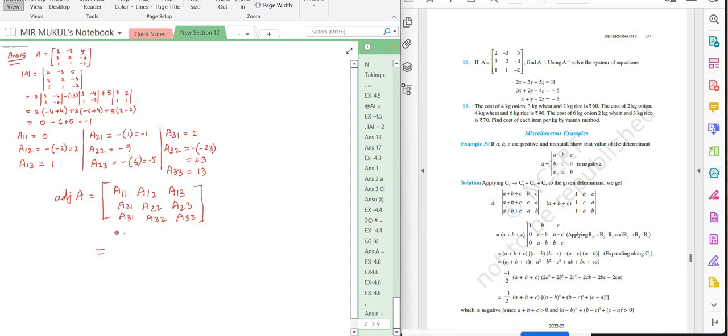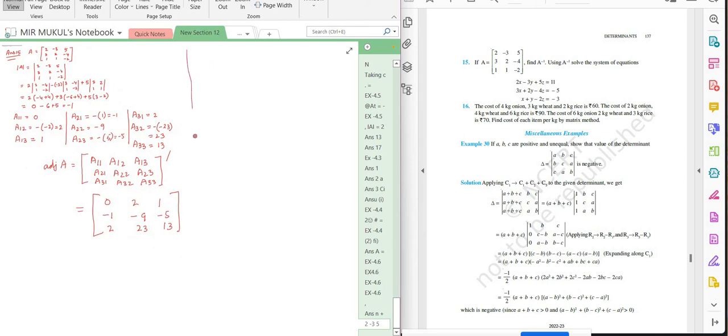Now this equals, it's the transpose. You will not forget to write transpose. So 0, 2, 1. Then minus 1, minus 9 and minus 5. 2, 23 and 13. So this we are getting as the adjoint.